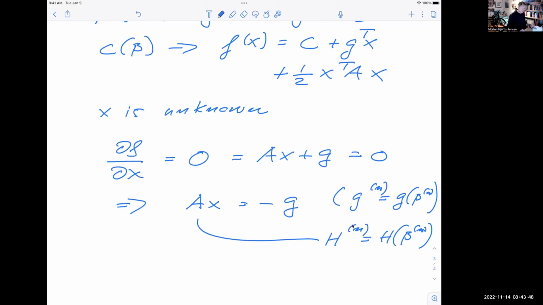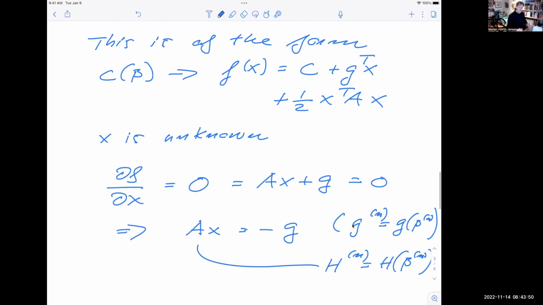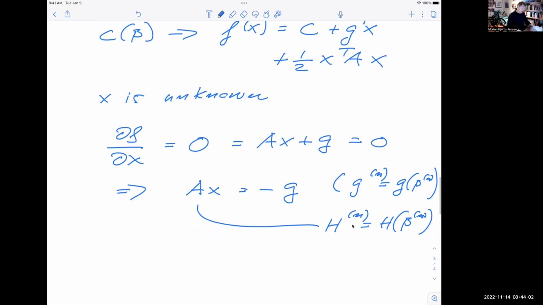So this matrix A, which we now wrote as a more general matrix, is in our specific case with the cost function actually the Hessian. Now, in this specific case, x is going to be beta minus beta of n. So I just wanted to bring up some generalities here.